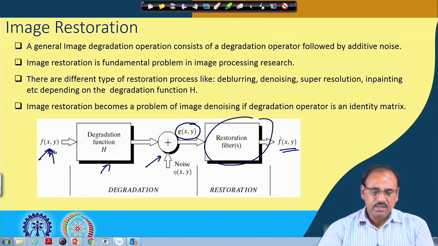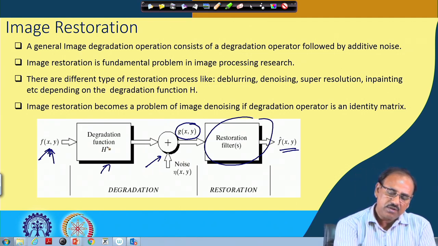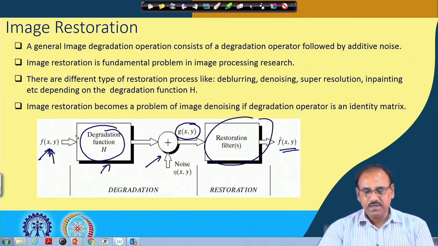And if your degradation operator h becomes an identity operator, then your degradation model is simply additive noise added to your input image. So, the image that we get is a noisy image, and in that case this restoration operation simply becomes a noise filtering operation. I do not have to consider what my degradation operator or degradation filter is.